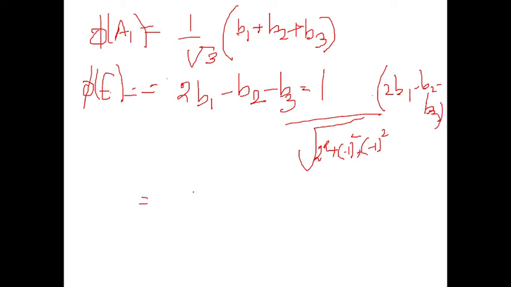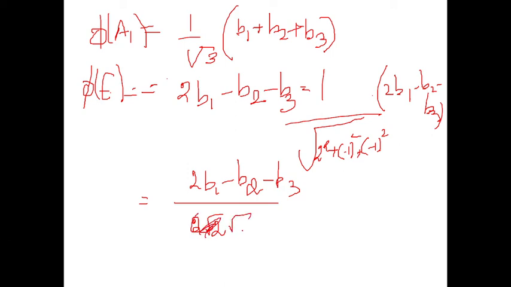So this is 4 plus 1 plus 1, so it is 6. Sorry, it is not 2 root 2, but it is root 6. Okay, so this is the SALC 1 of E symmetry.